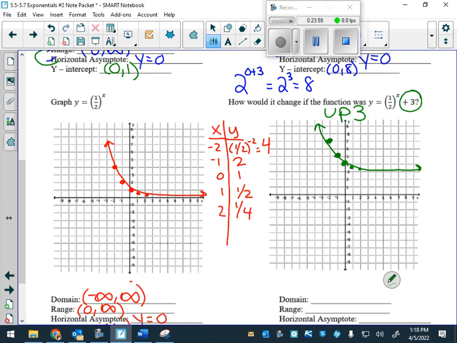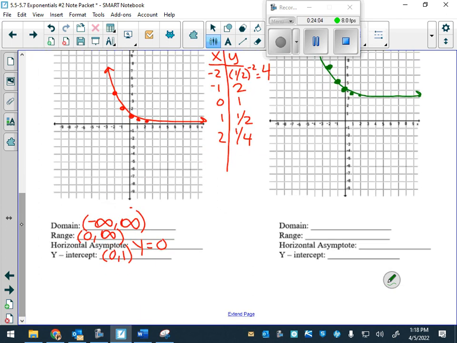Okay. So now, out of domain, range, horizontal asymptote, and y-intercept, okay, what stays the same? Nolan? Just the domain. Okay. What would the range be? Esteban? Good. Parentheses 3 to infinity. What is my horizontal asymptote?